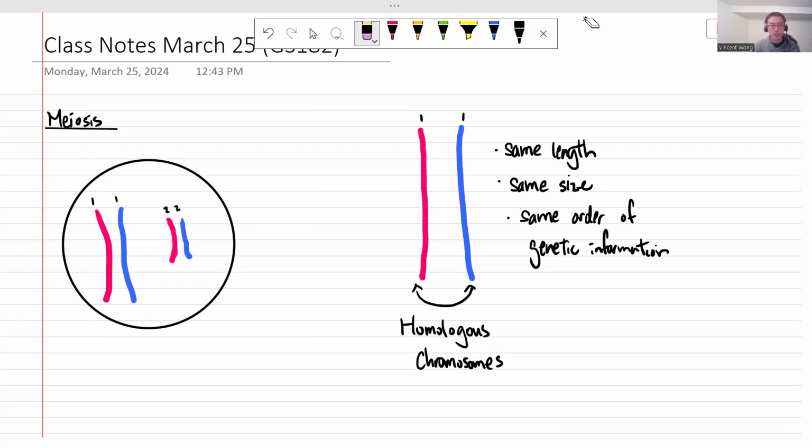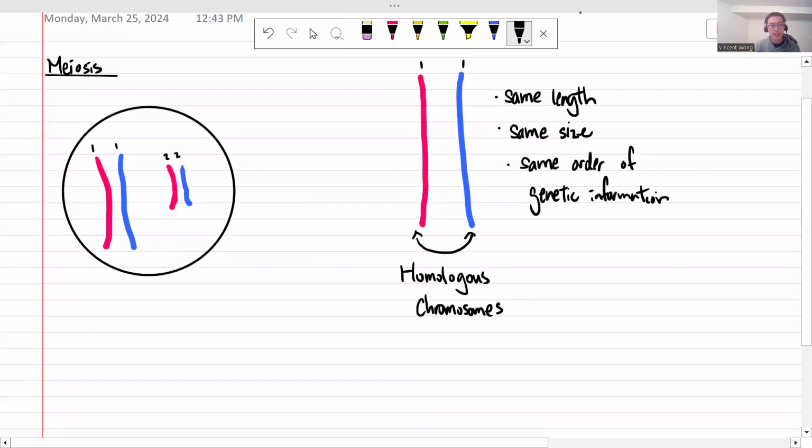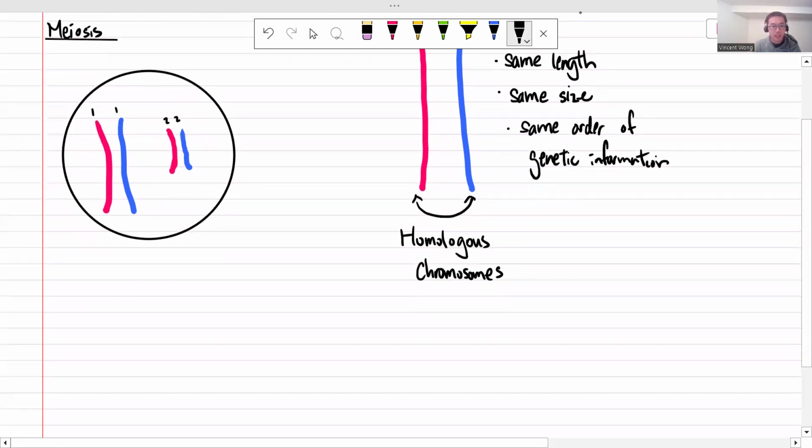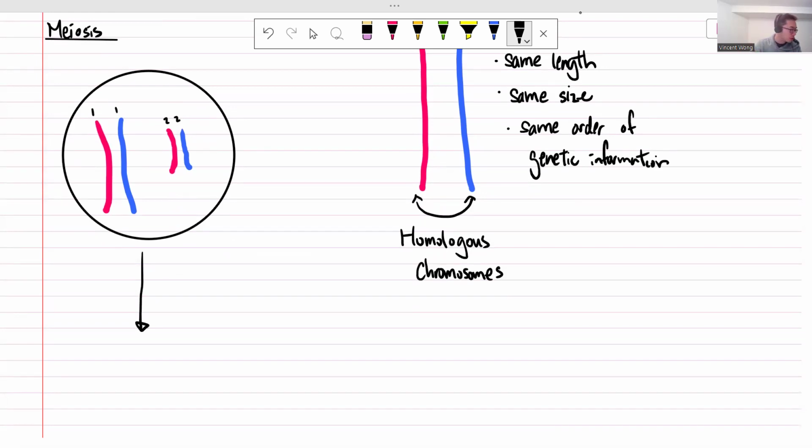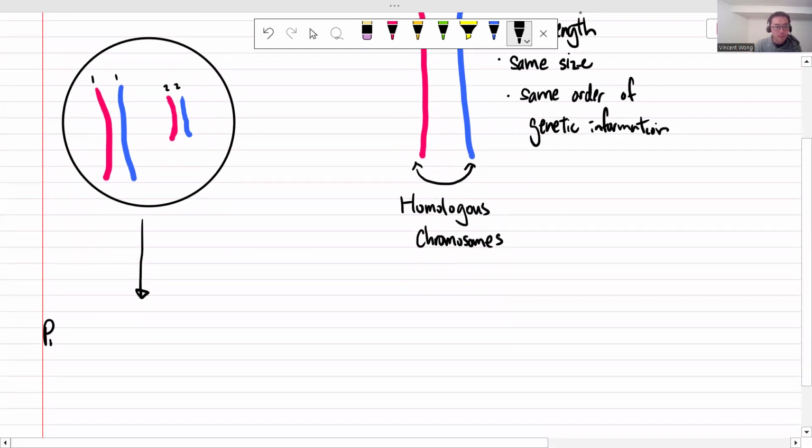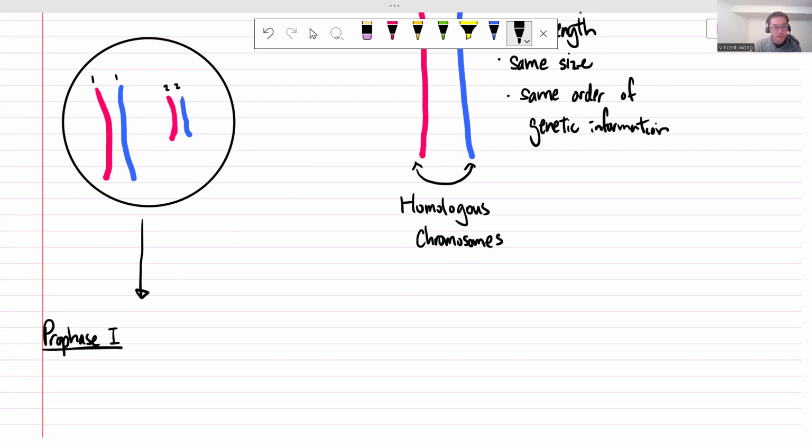Okay. So here, this is meiosis. Let's take a look at what's going to happen in the process of meiosis. At the end of interphase, you would have duplicated all the genetic material, and what I want to focus on is prophase 1.